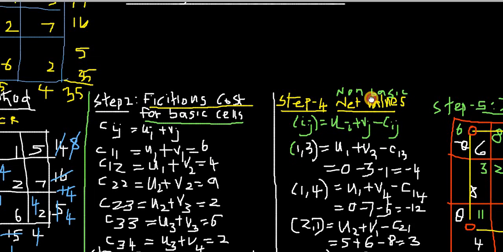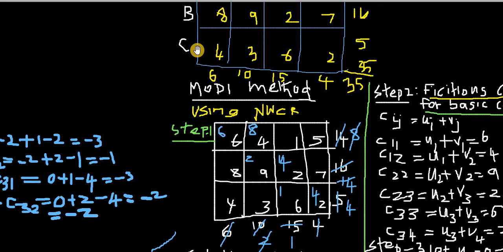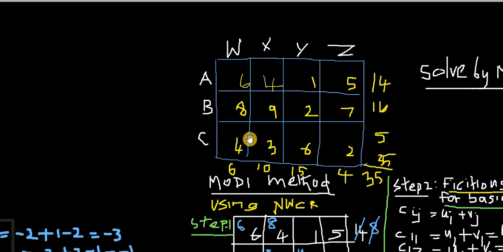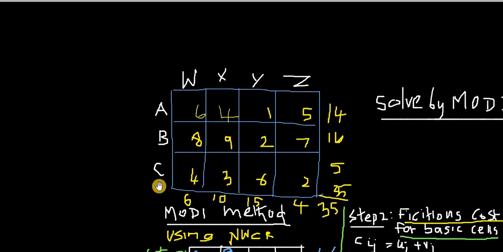Here A, B, C are the production centers, W, X, Y, Z are the destinations. Then we have to solve by Modi method. The availability is 14 products, here 16 products, here 5 products, total 35 products. Here need 6 products, here the demand 10 products, here 15 products, and here 4 products.